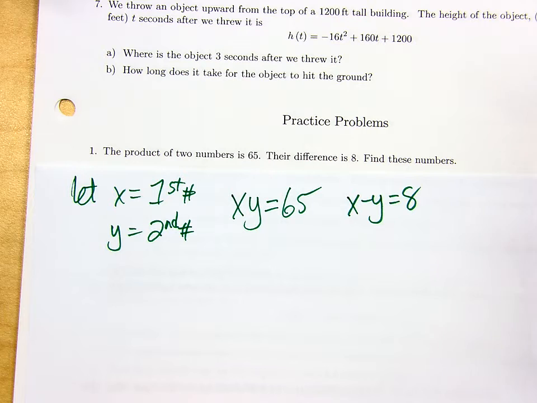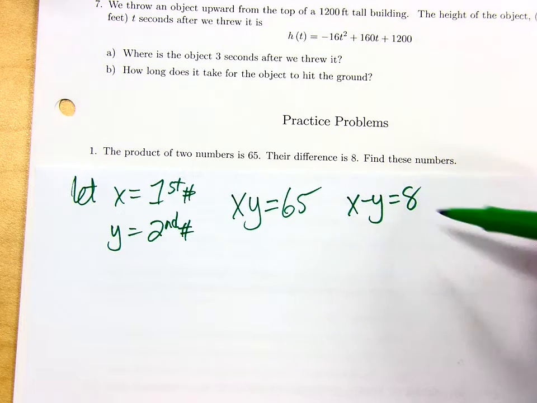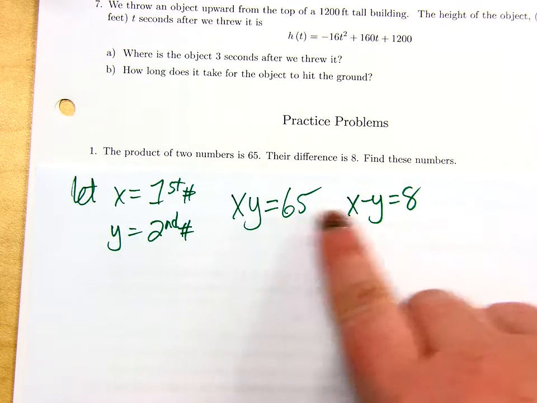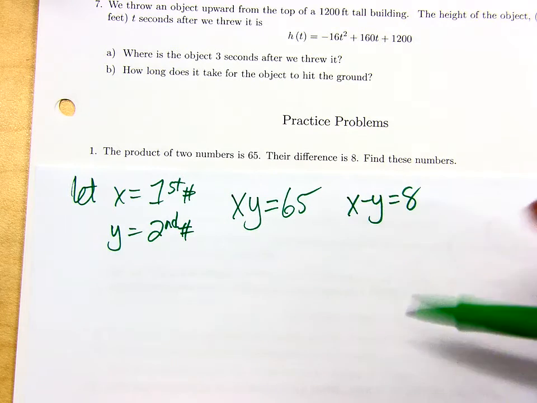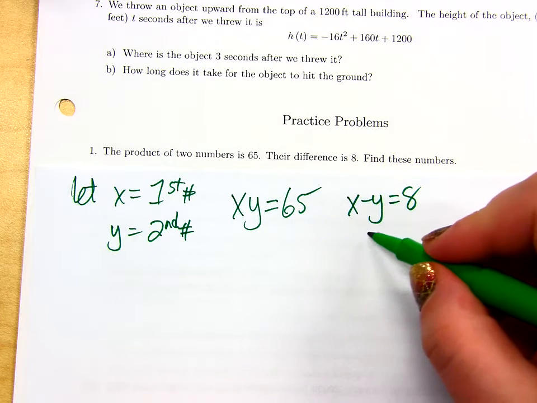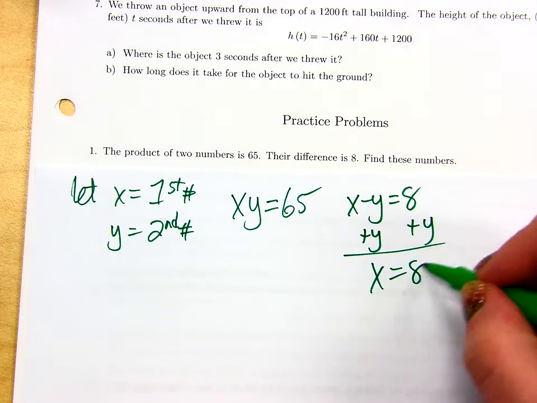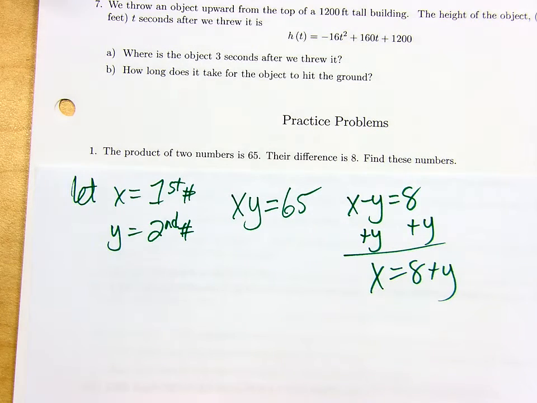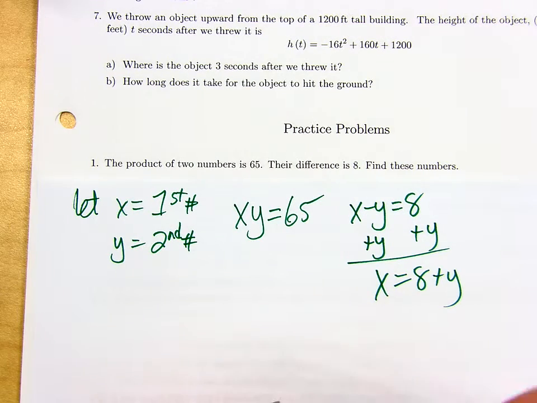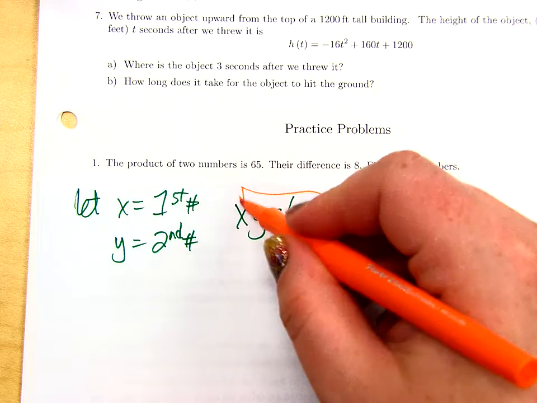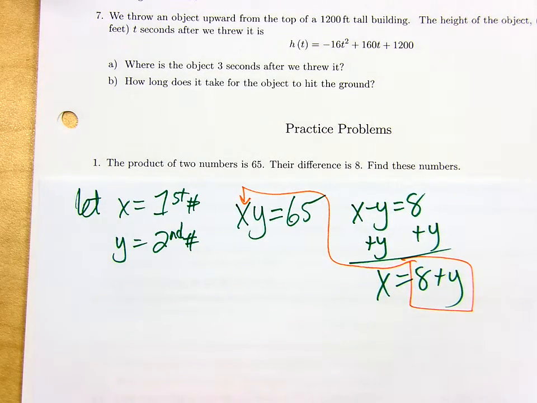Find these numbers. So just like I did on the last one, I'm going to solve by substitution. That's what makes the most sense. I would again add y to the other side. What about elimination? That's multiplication and that's subtraction, so it doesn't work out so nicely. So here I have 8 plus y. I'm going to replace that x with 8 plus y.